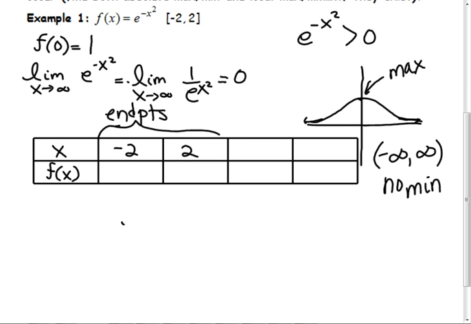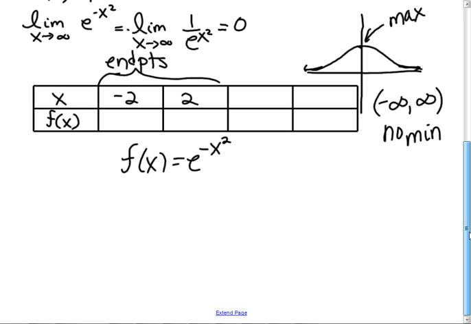So if f of x is equal to e to the minus x squared, we have to find the derivative. What's the derivative? E to the minus x squared back again times chain rule, negative 2x. Okay?